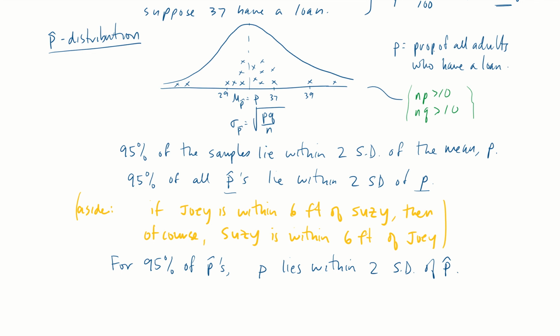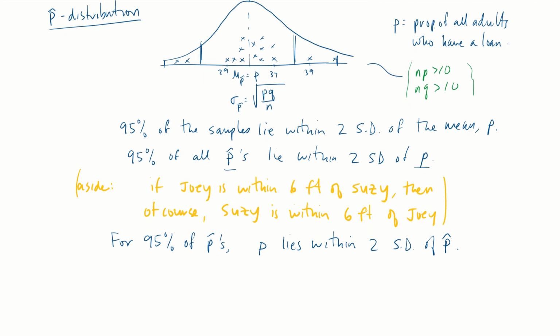Okay, does that make sense? 95% of all p hats lie within 2 standard deviations, because if here's 1 standard deviation and here's 2, 95% are in the middle. But that also means that p lies within 2 standard deviations of p hat, right? Because if Joey's within 6 feet of Susie, Susie's within 6 feet of Joey. p is that close to p hat, just like p hat is that close to p. Okay, so let's see what that says.